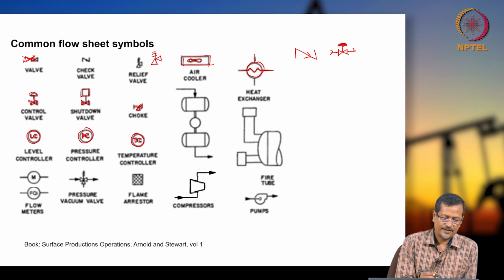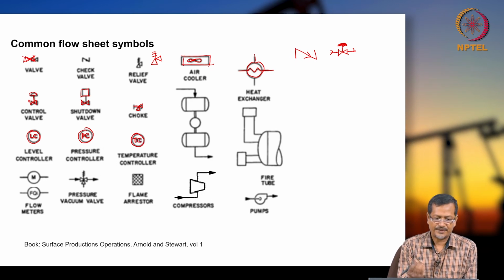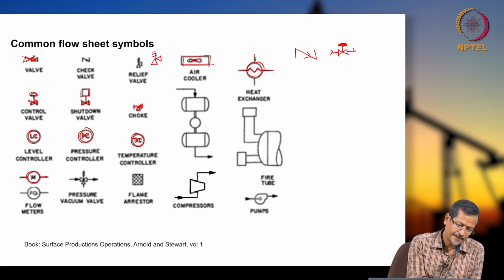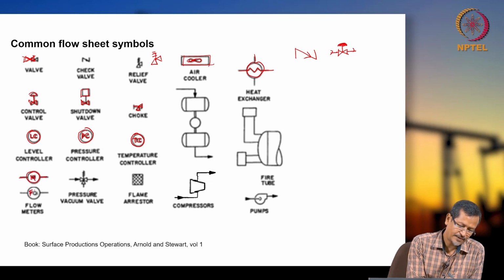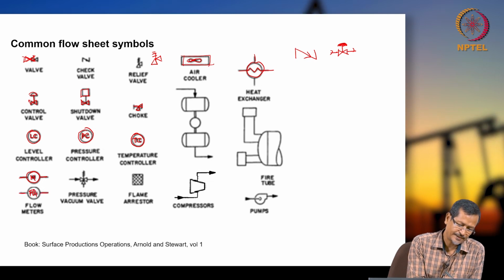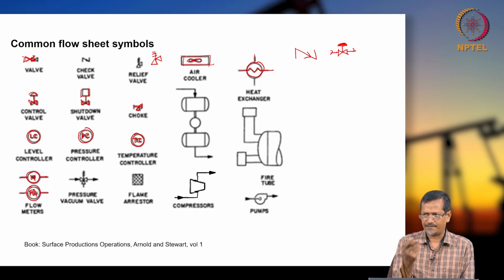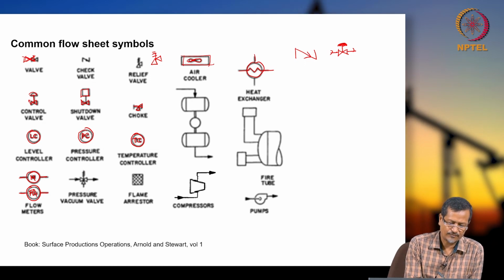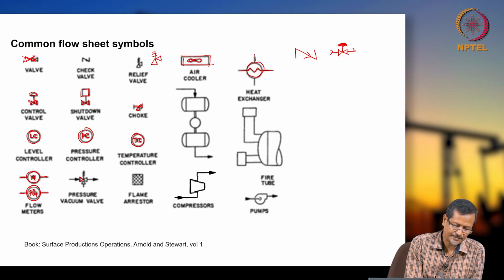If you have a flow meter, you make a circle with M or FQI, or sometimes FM, which is also okay. And this is a pressure vacuum valve.